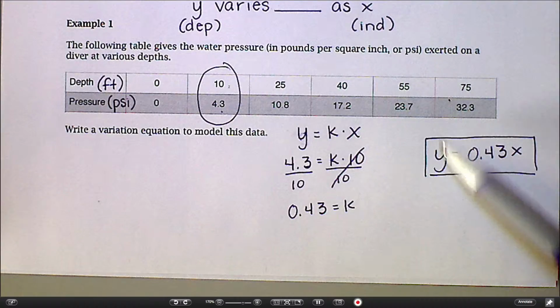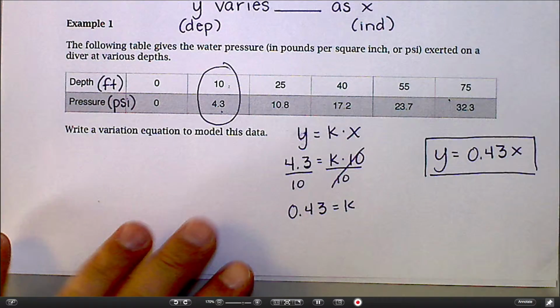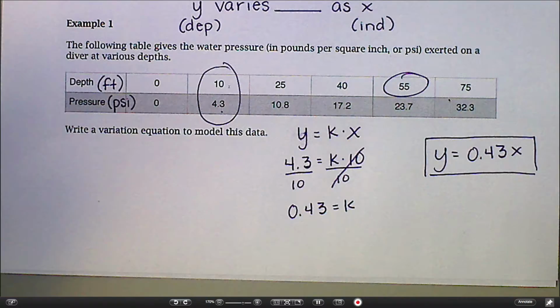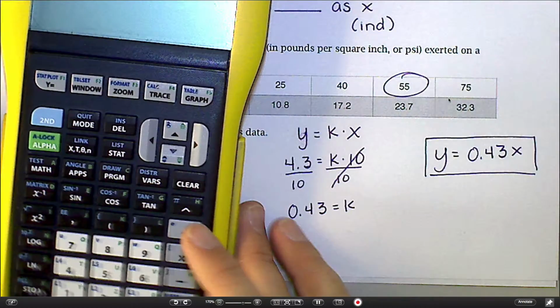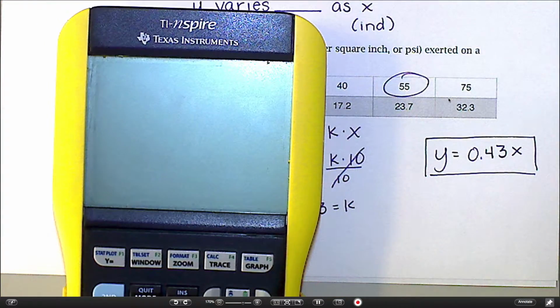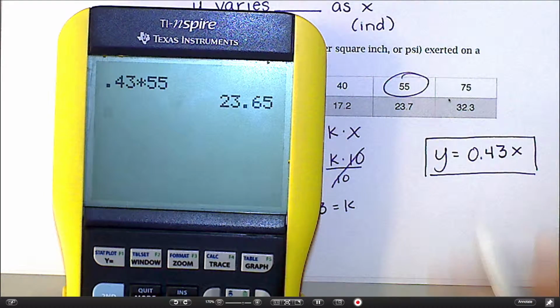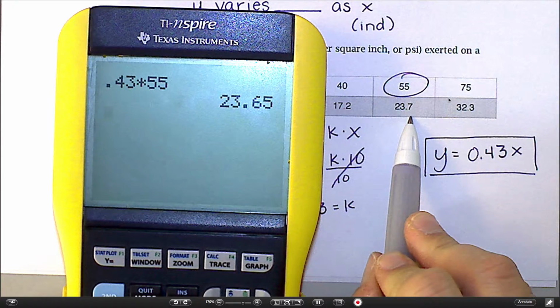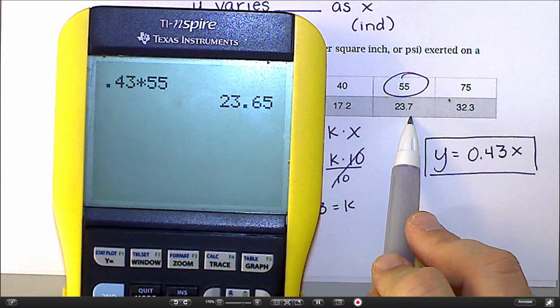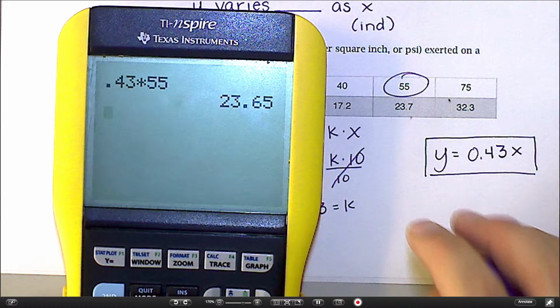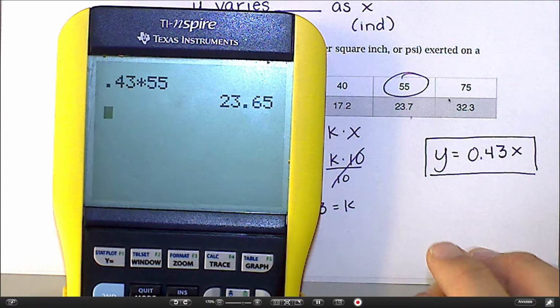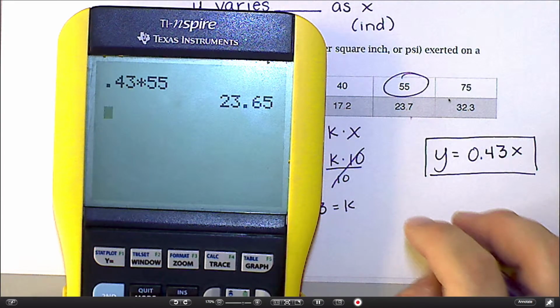So now, theoretically, I should be able to plug in any one of my x values, like 55, to my equation. So 0.43 times 55. And it should come out awfully darn close to my y value. Now, again, the only place that things work out perfectly are in math textbooks, okay?